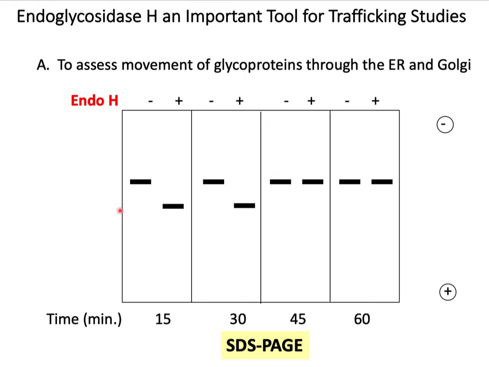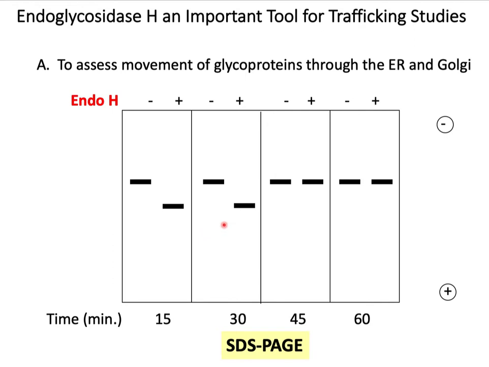So in this example, say at 15 minutes, your protein is still sensitive to endoglycosidase H. At 15 minutes, the left lane shows the size of your protein in the absence of endoglycosidase H. On the right lane, the band has traveled farther on your gel in the presence of endoglycosidase H. It is smaller, so it suggests that the endoglycosidase H was able to remove the glycan structures that were attached to it, and it reduced its molecular weight. So it's traveled farther on the gel.